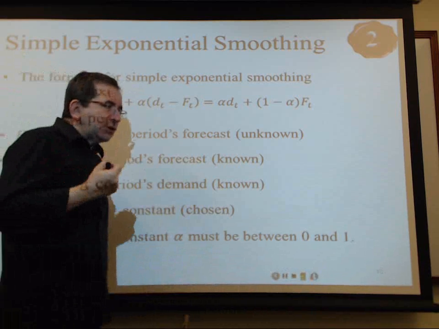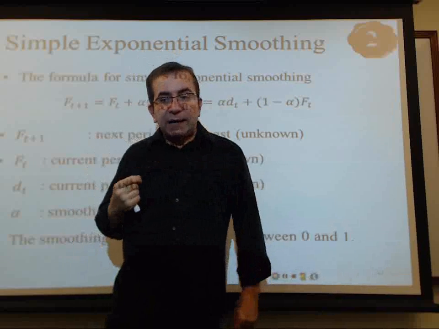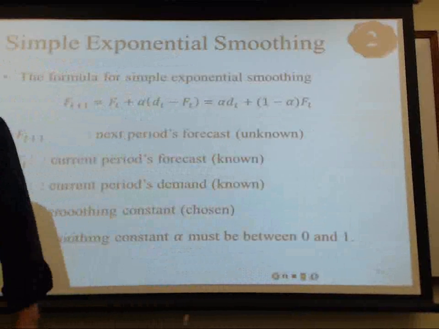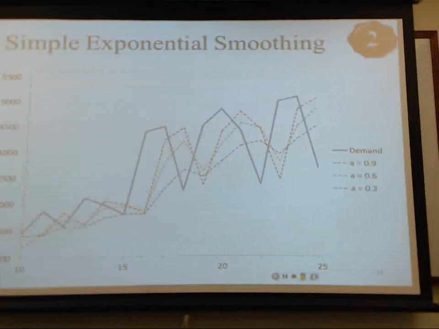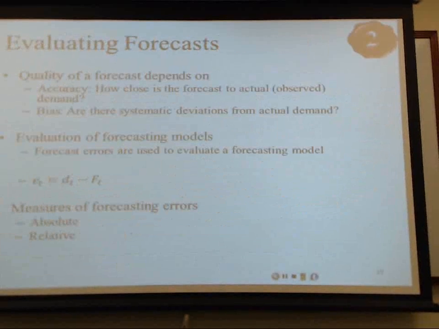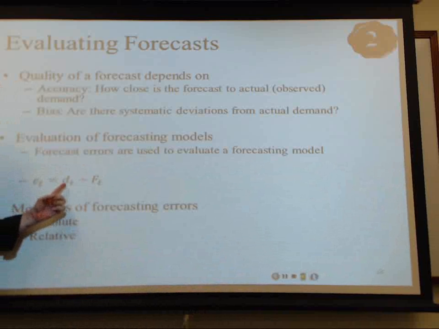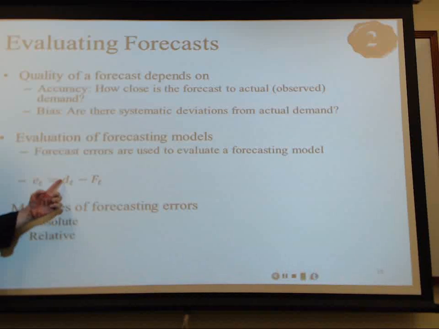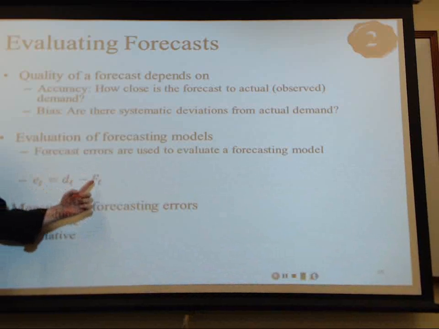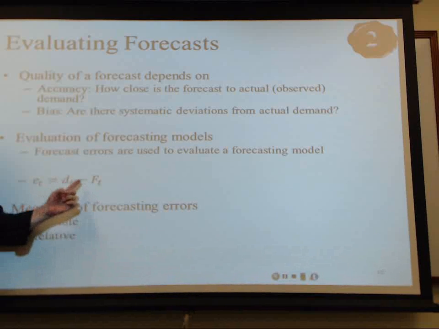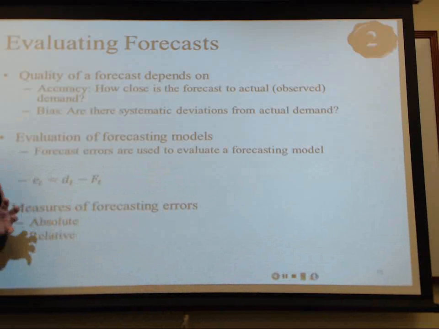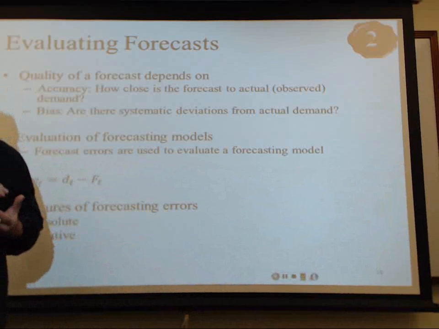This is called the forecast error. Forecast error means the difference between the actual observed sale and your forecast. So for each period, we can calculate a forecast error.